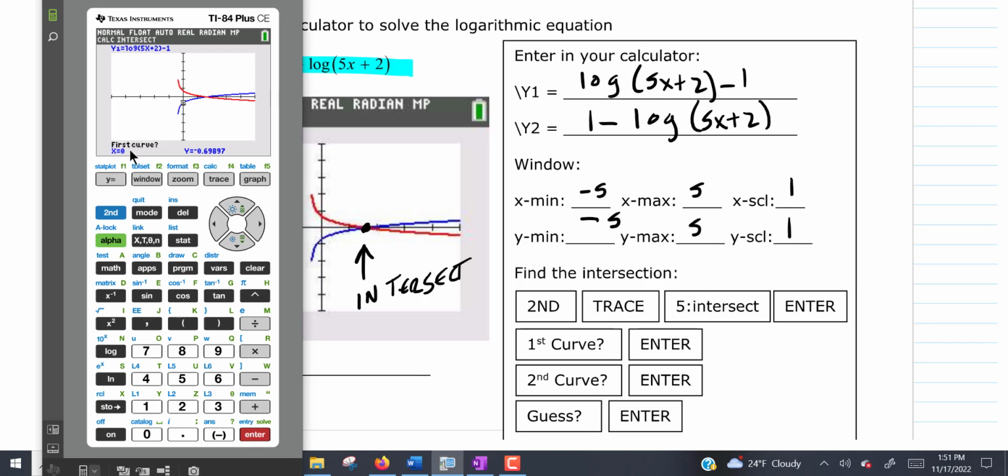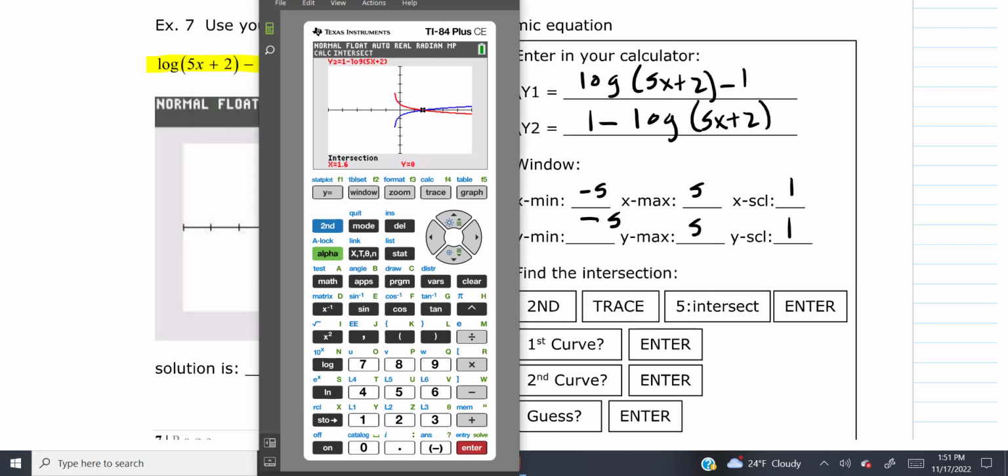It's going to say first curve, and it should be blinking on one of the curves. If that cursor is blinking on the curve, press enter. Then another cursor will come up on the other one. If it isn't, you have to move your cursor, press enter again. Then it will say guess, press enter again, and then it will give you that intersection point.